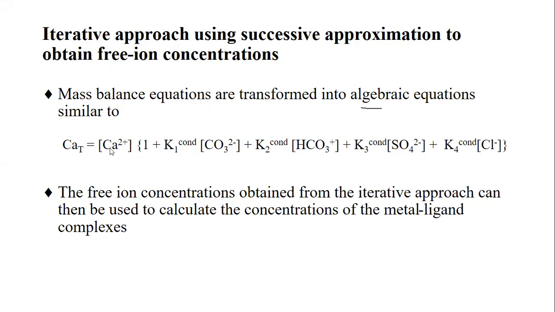So we have calcium plus 1. If you go back to your book, you will find K1 conditional, K2 conditional for the formation of all these pairs. The free ion concentrations obtained from the iterative approach can then be used to calculate the concentrations of the metal ligand complexes.